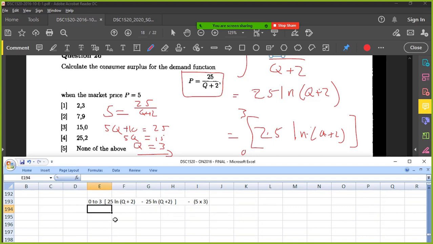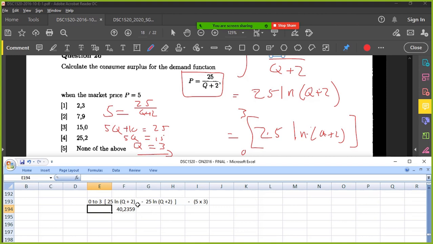Okay, let's work this out on the calculator. Okay, let's work out 25. Actually, I might even be able to do it here, actually. Ln 5 is that. Okay, then 25 times that. Okay, gives me that figure.